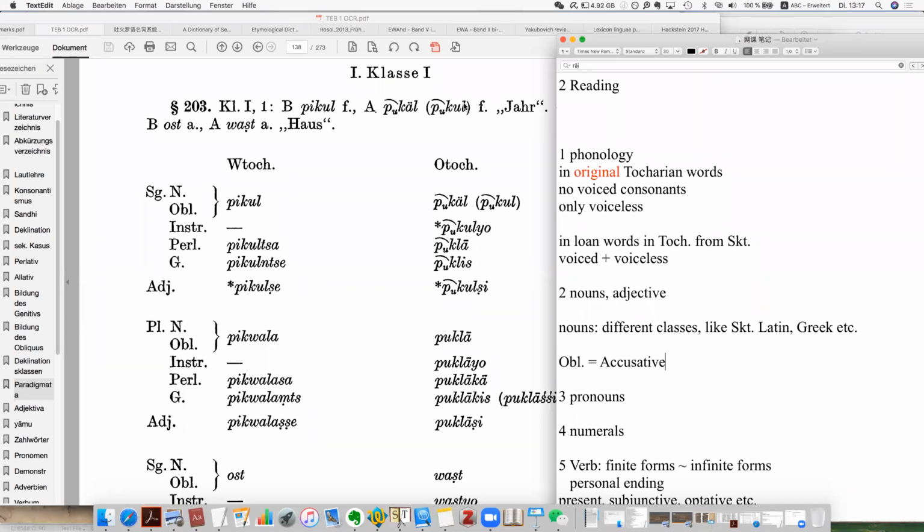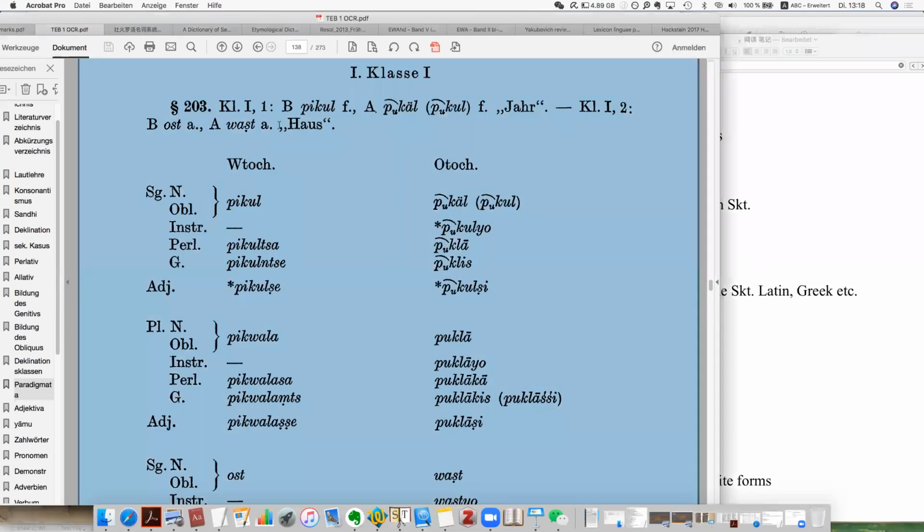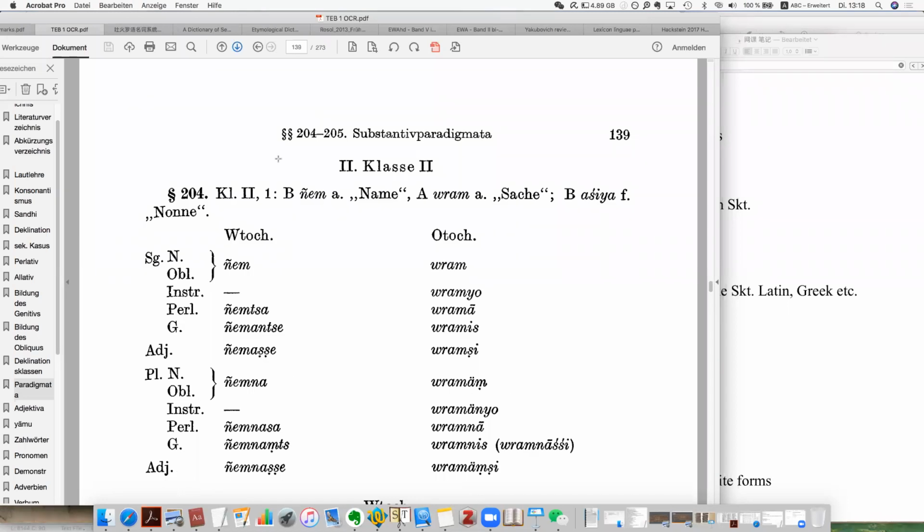So this is class 1, and as I have already explained, class 1 has plural in R, oblique. So plural in R.